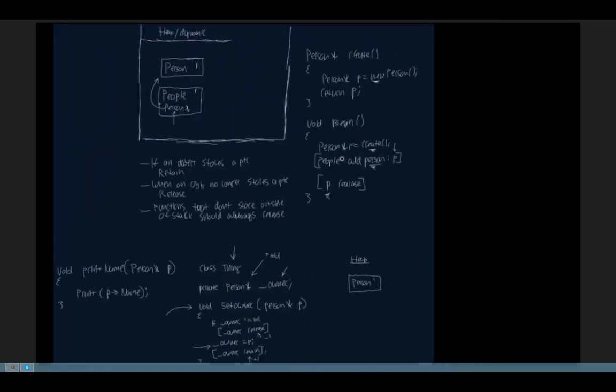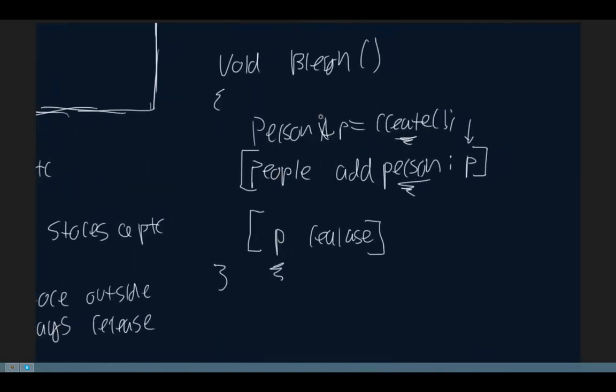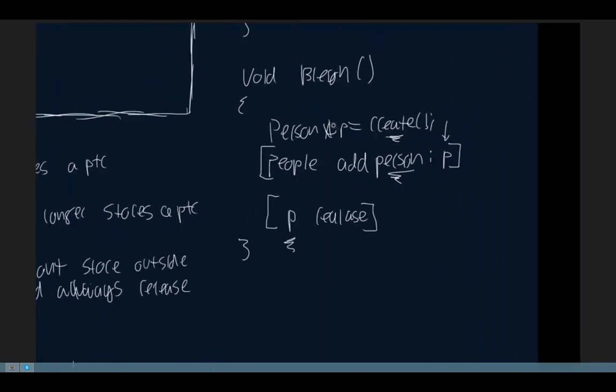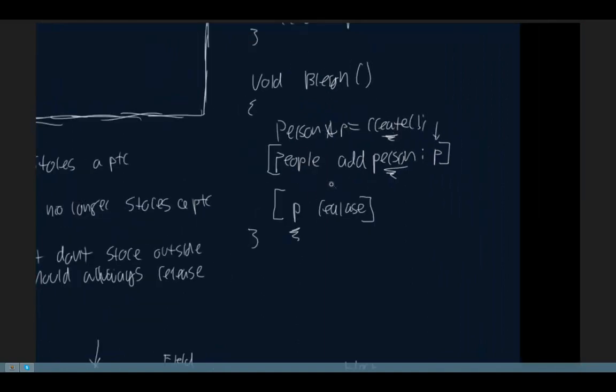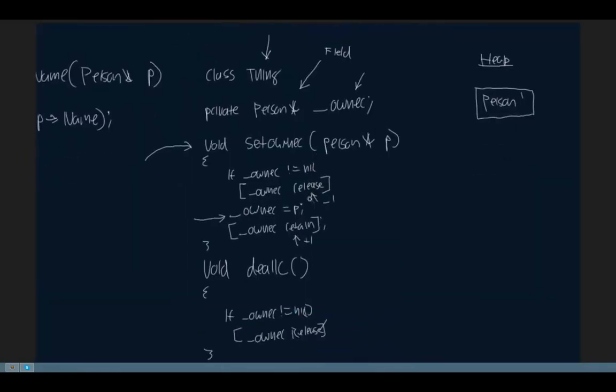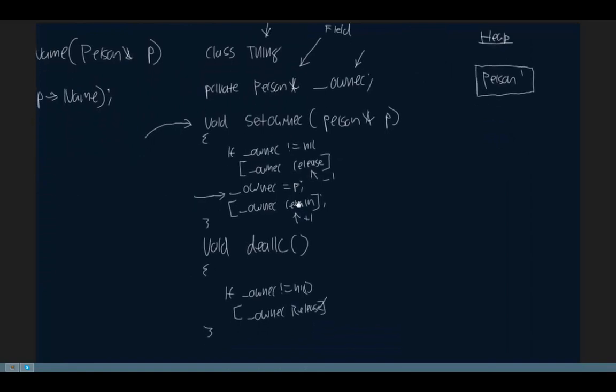We've covered methods that create an object but don't hold on to them, so they release. We've talked about methods that do hold on to references, so we added retains. We talked about destructors, and how when a class is deallocated, we want to release the objects that it points to. Does anybody have any more things that they want me to go over specifically?